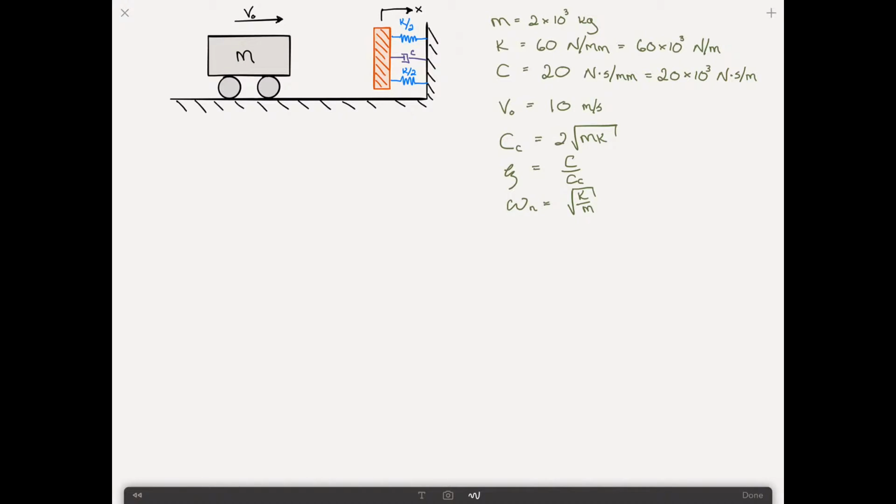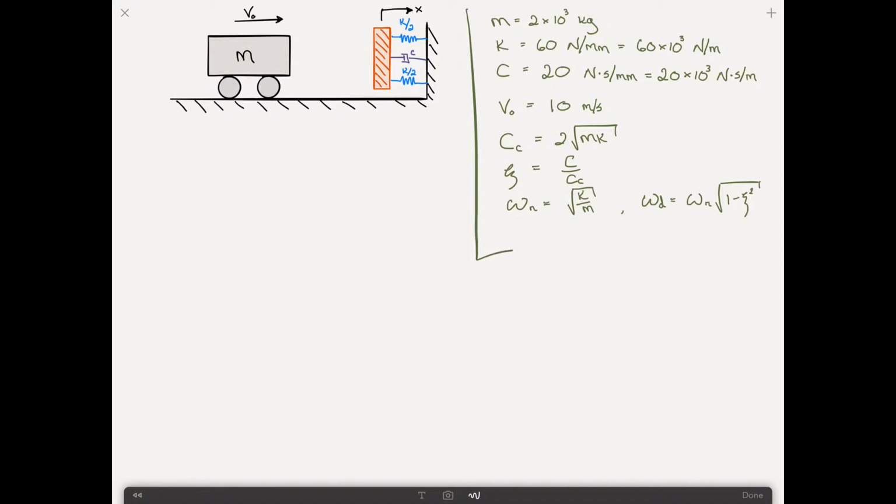And the damped frequency, I'm going to do it here just to save space, is equal to omega n, the natural frequency, times root of 1 minus zeta squared, where zeta is from 0 to 1. So the damped frequency is always going to be less than the natural frequency, which makes sense, because when there's damping involved, the system wants to vibrate slightly slower than when there's no damping.